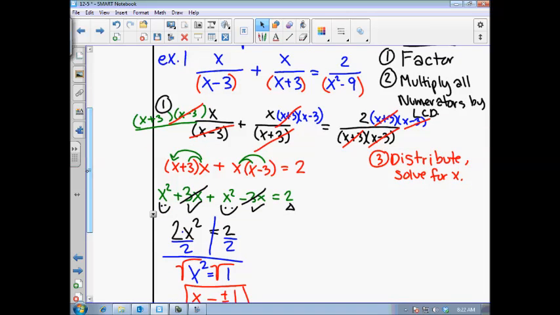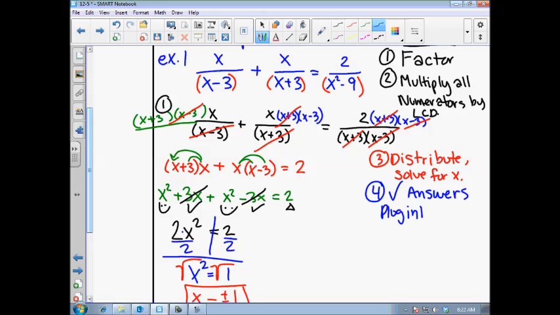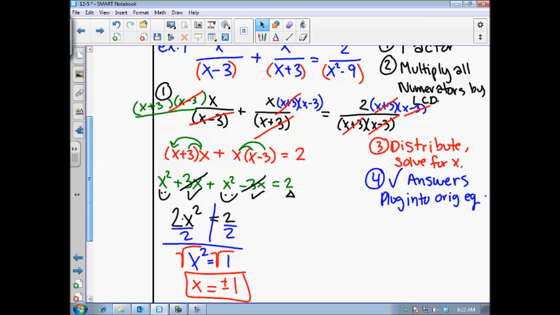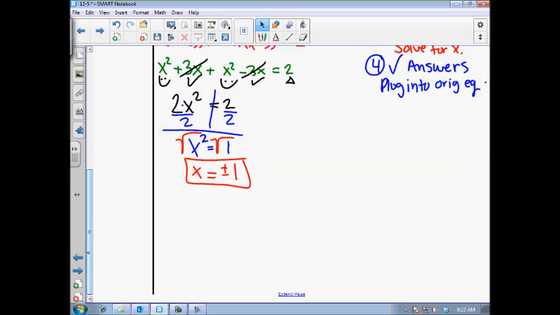Great, that's our fourth and final step: we need to check our answers by plugging into the original equation. Again, the original equation, since it's up top, I'll just rewrite it really quick, was this.